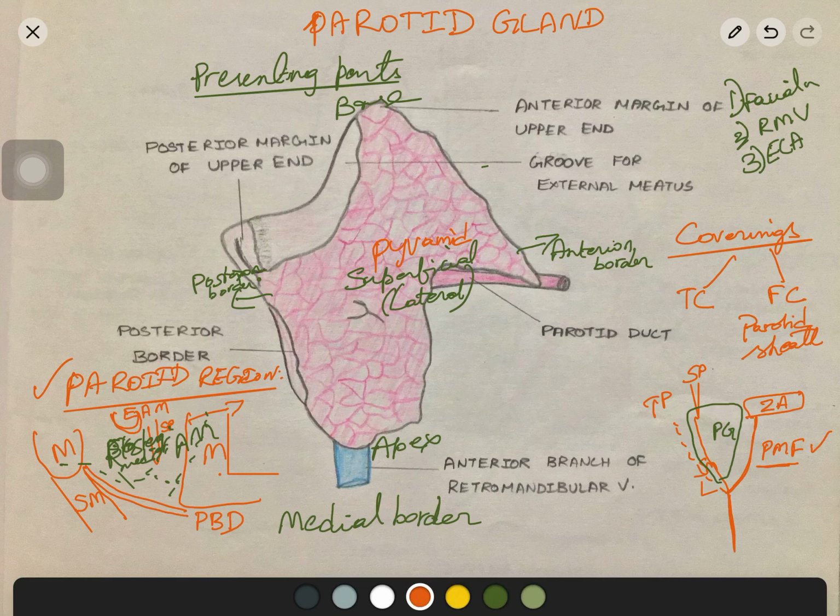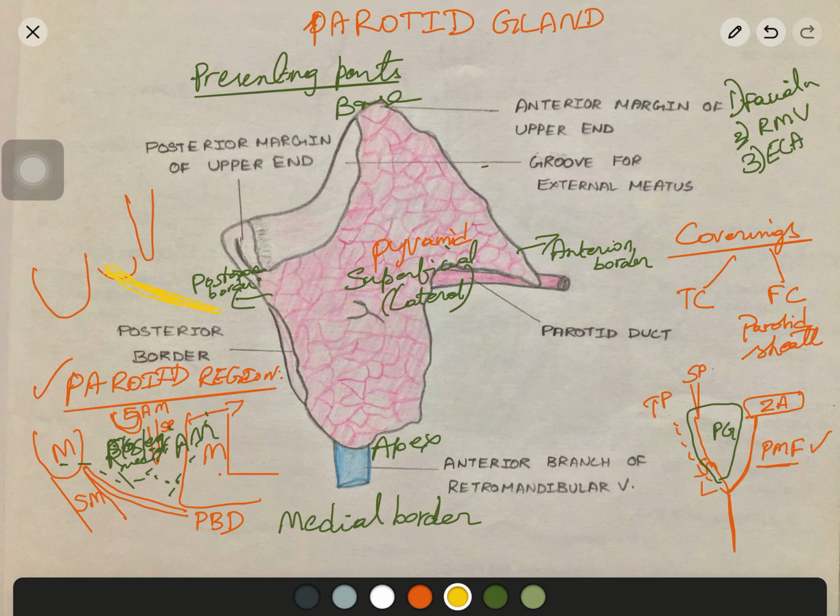The facial nerve emerges from the stylomastoid foramen. So if you think this is the mastoid process, and the styloid process, this is the stylomastoid foramen.